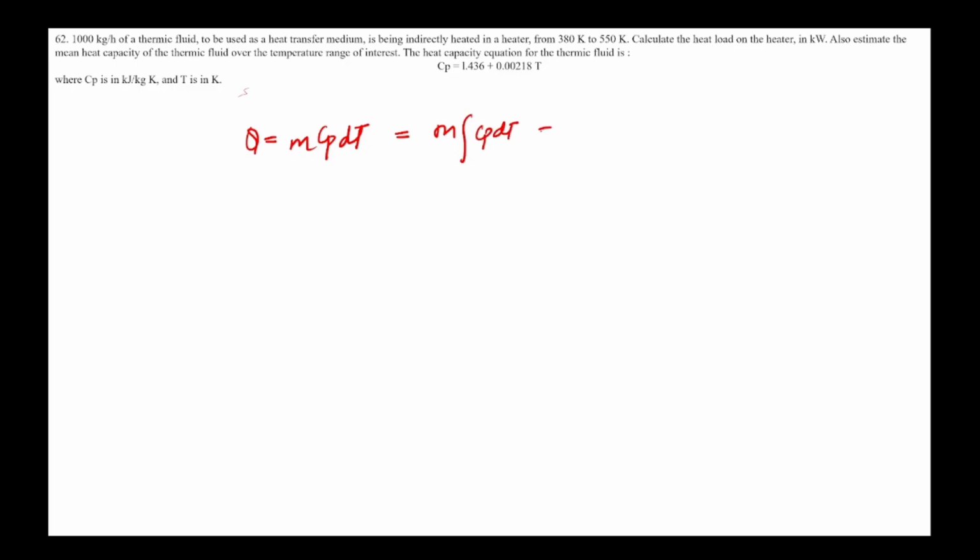So m is 1000 kg per hour, integration of (1.436 + 0.00218 T) dT, and this is from 380 Kelvin to 550 Kelvin, right?